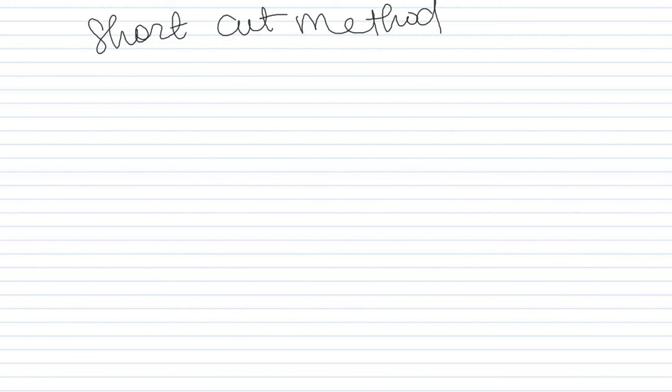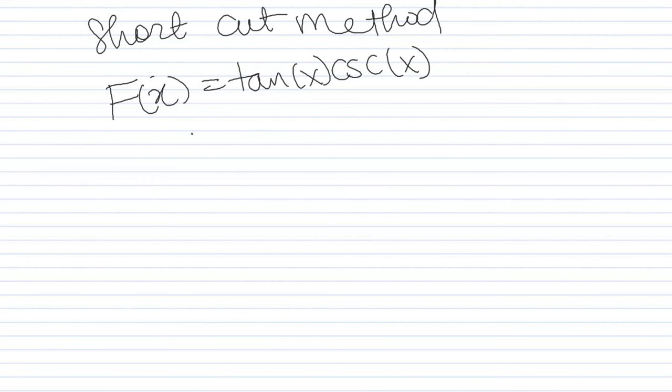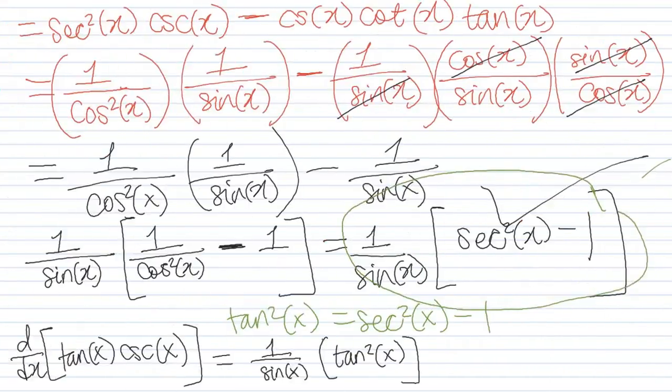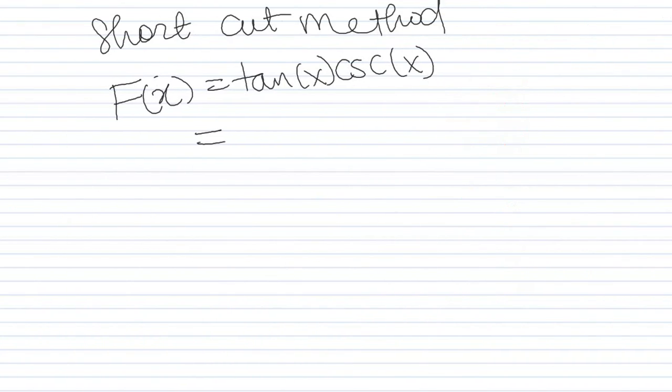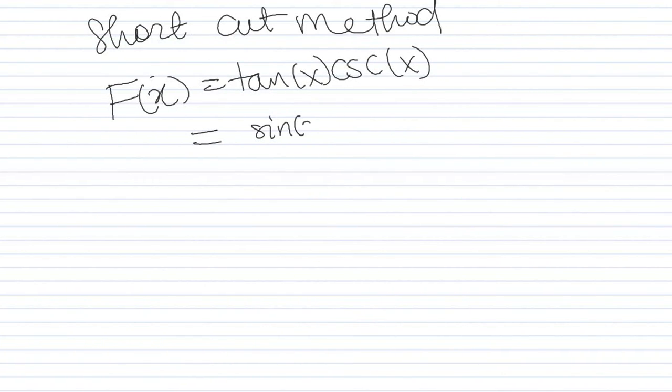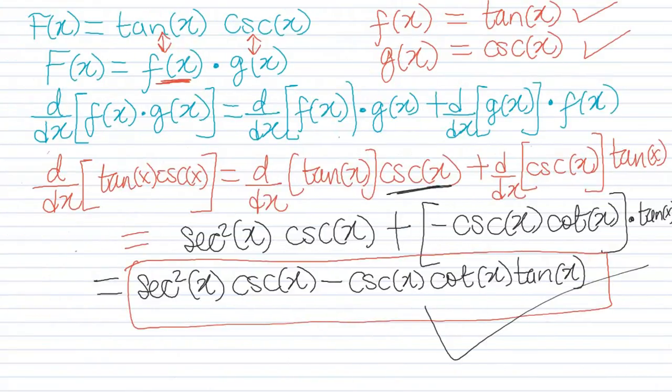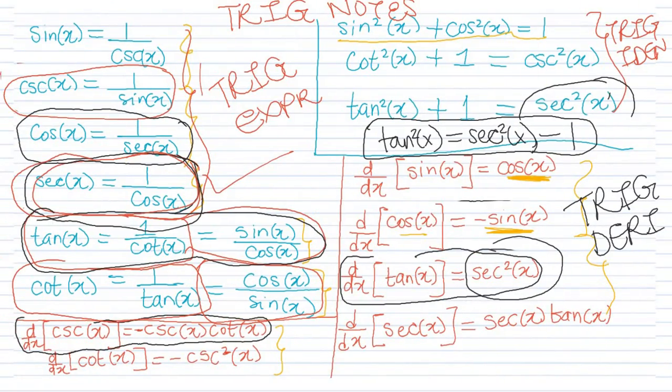One thing you can do is remember that function f of x is tan x cosecant x. So tan x is the same thing as sine x over cosine x. And cosecant x is the same thing as 1 over sine x.